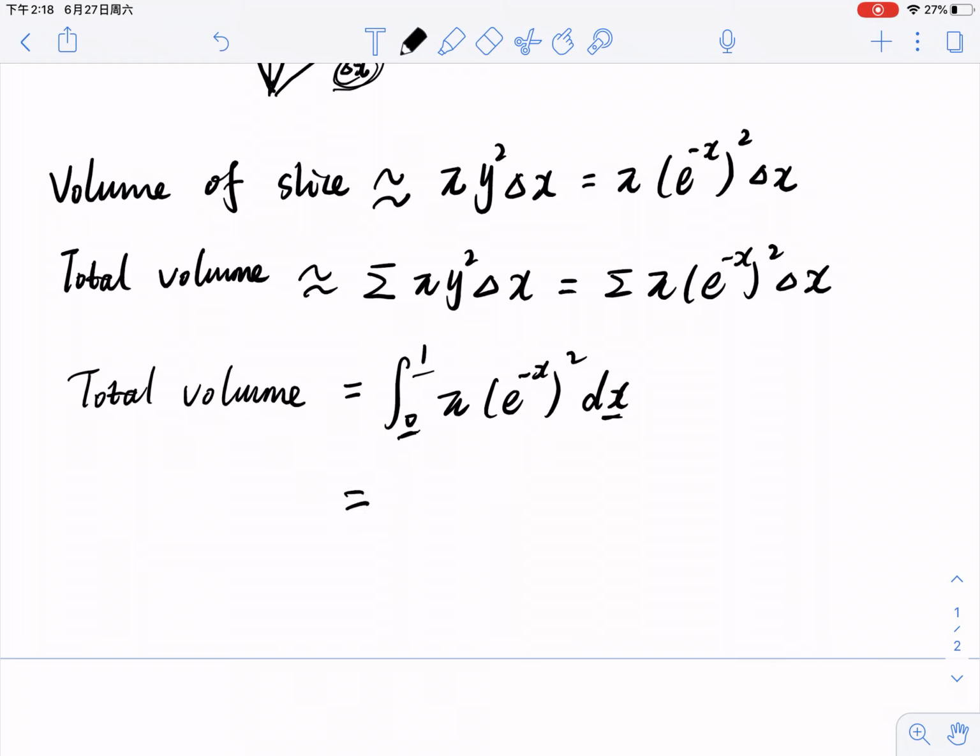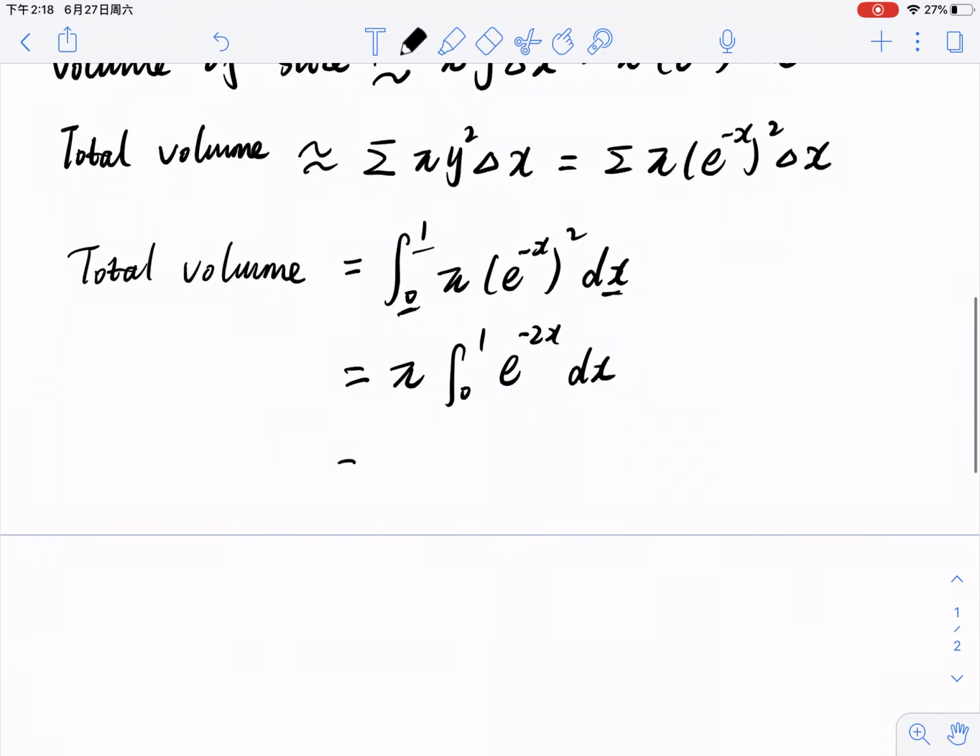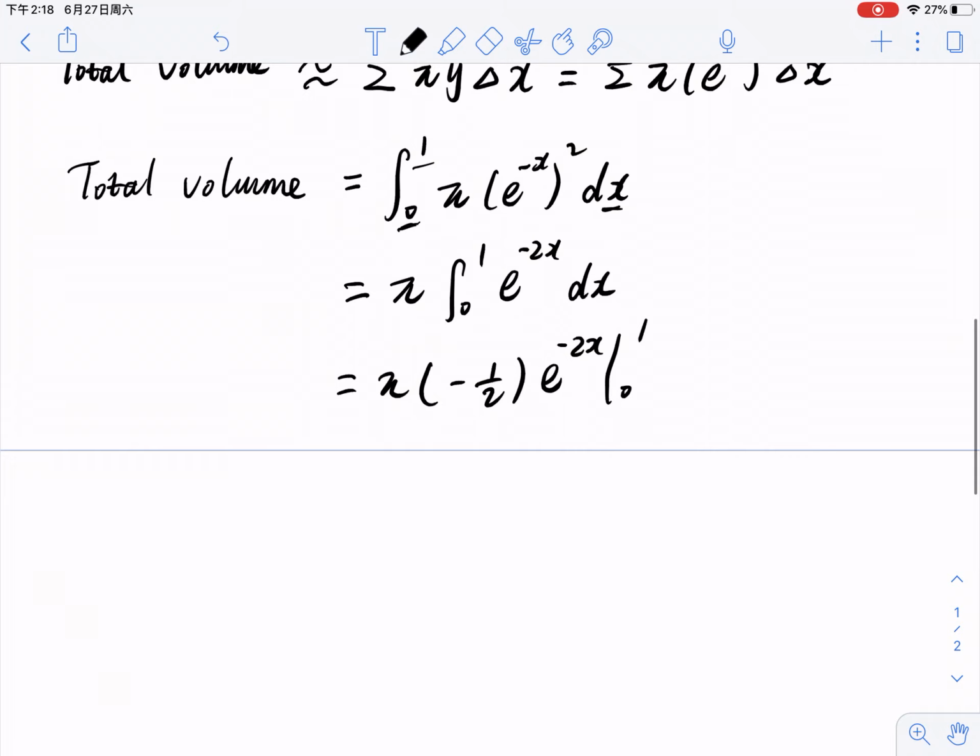So this is equal to pi, a constant, take it out, pi integral 0 to 1 e to negative 2x dx. So this is pi times negative 1/2 e to negative 2x from 0 to 1. At x is 1, pi negative 1/2 e to negative 2, minus at x is 0, pi negative 1/2.